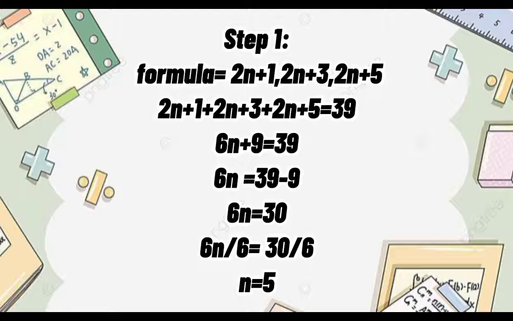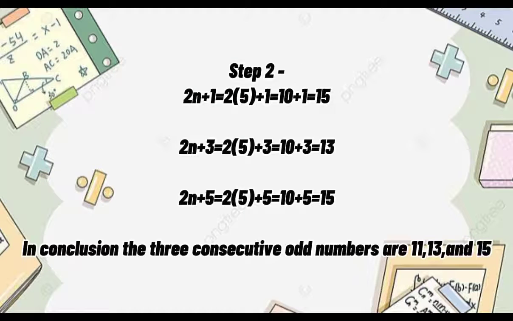How do you get the value of n? Just simply divide 6n by itself, and 30 divided by 6. So now we have the value of n, which is 5. After getting the value of n, let's proceed to step 2.